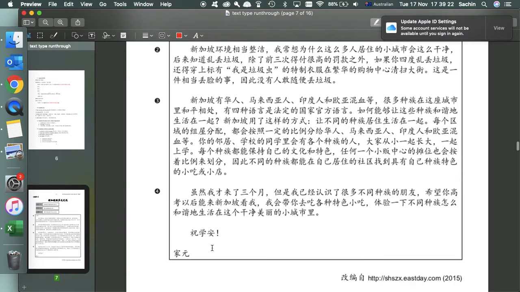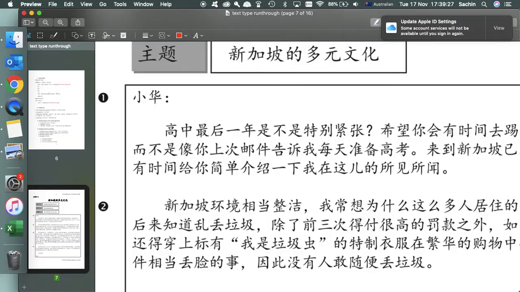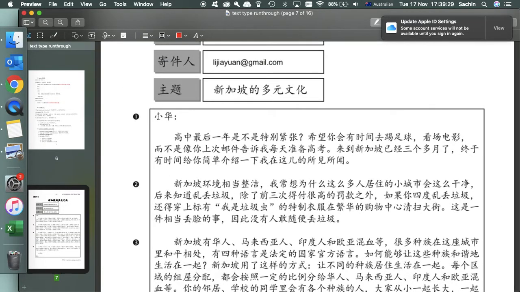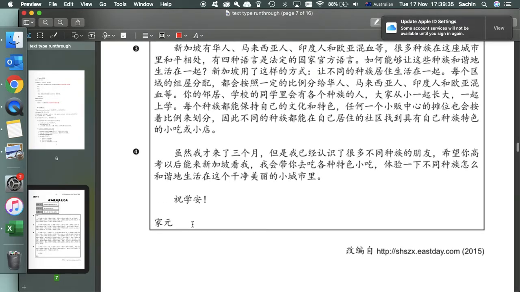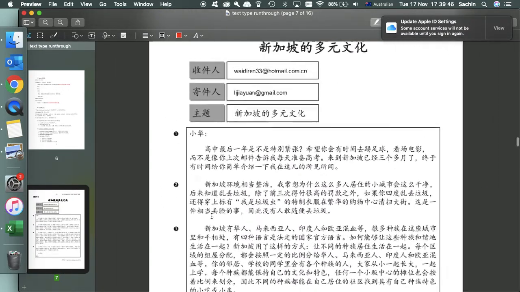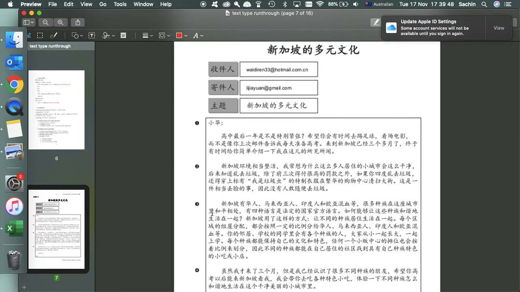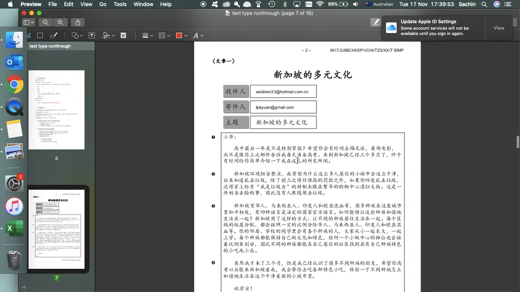And besides that, I think this is a fairly informal email, so they just have whoever they're addressing, and then they just have their name at the bottom, and a greeting like 祝好 or 祝学安. So for text type, I'd say just get like a 5 out of 6 or maybe a 4 if they were being really harsh. But yeah, this is more or less how you just write an email.